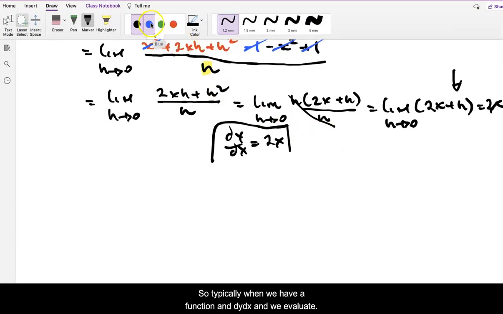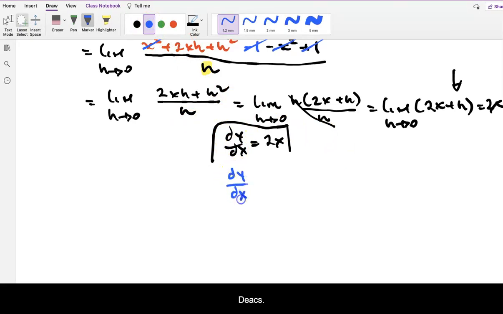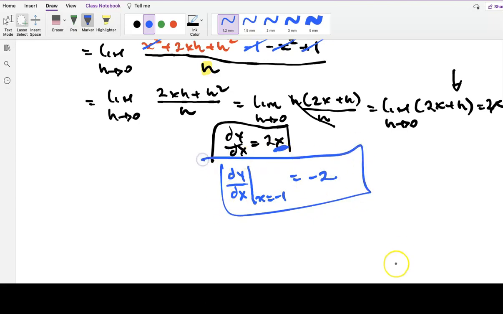So typically when we have a function in dy dx and we evaluate dy dx, we write this little bar, and we say x equals -1. And you replace -1 here, then you get a result of -2. So this indicates that your slope of the tangent line is -2.